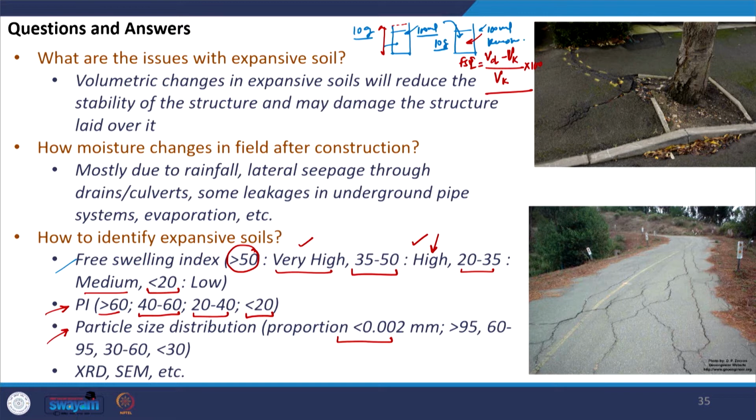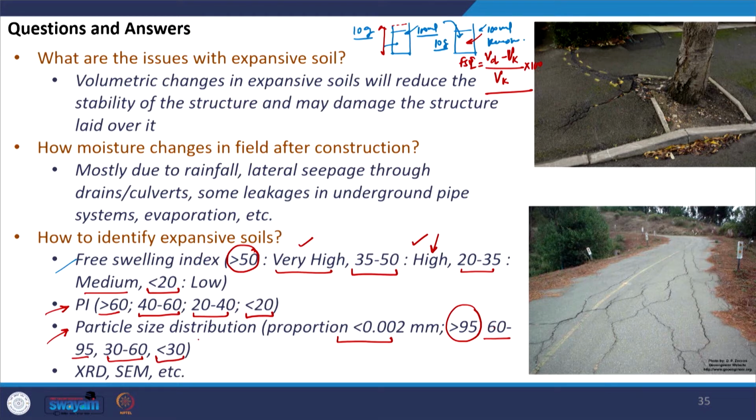If the amount of material less than 0.002 mm is very high, let us say more than 95%, that particular soil is very highly expansive in nature. If the value is between 60 to 95, we say that it is highly expansive, 30 to 60 it is average, and less than 30 it is low.